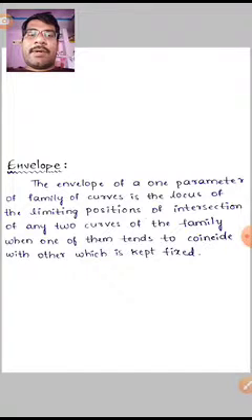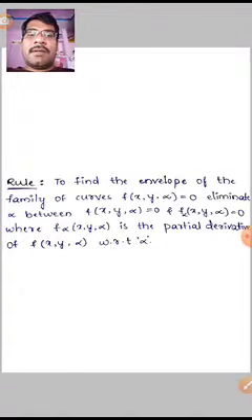Here, f of x comma y comma alpha is equal to 0 is the one parameter family of curves. You eliminate the alpha between f of x comma y comma alpha is equal to 0 and its derivative with respect to alpha, f alpha of x comma y comma alpha is equal to 0.